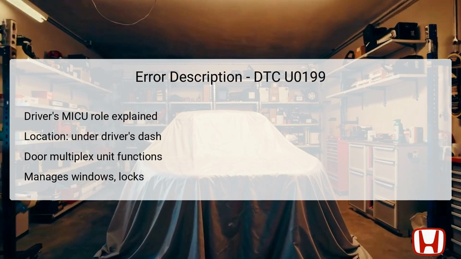The Door Multiplex Control Unit communicates with various systems to ensure that doors can be locked and unlocked, and that windows can be raised or lowered. If communication is lost, features like remote entry or window operation could be affected. The MICU's connections and the functionality of the multiplex unit must be verified to ensure seamless operation of these features.